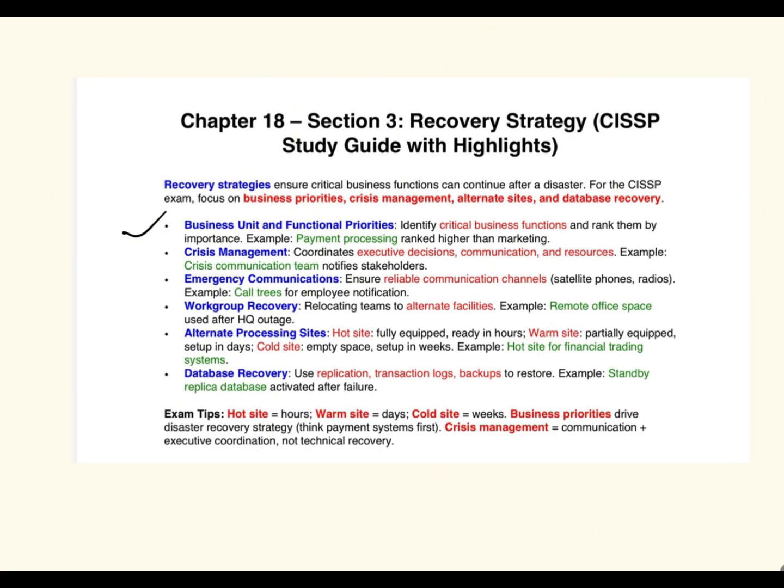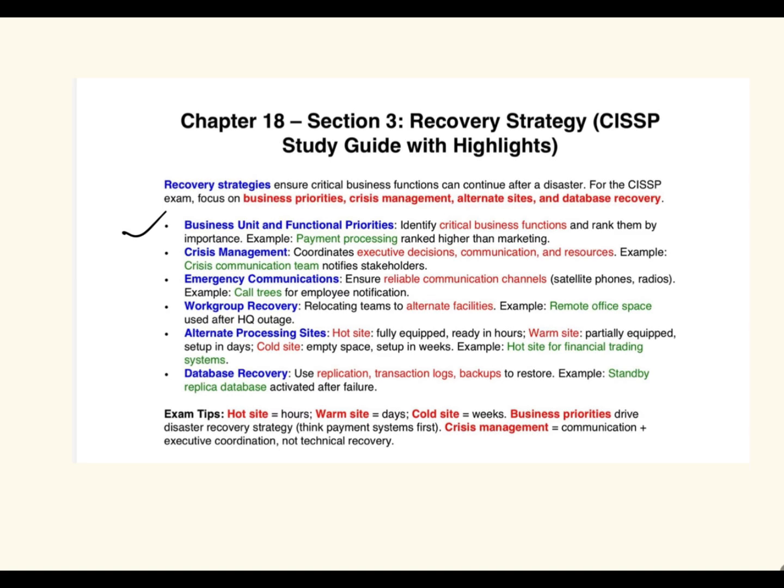So therefore, we need to identify them and then rank them based on importance. As we all know, every business function is not very critical. There could be some functions which are less critical.